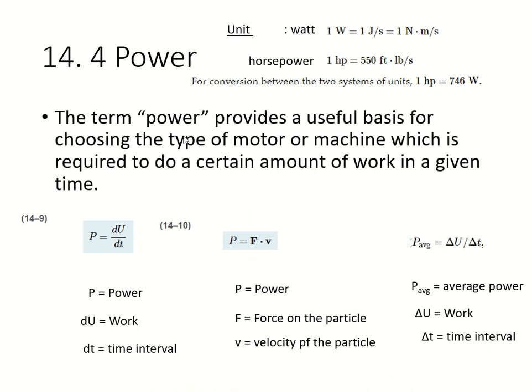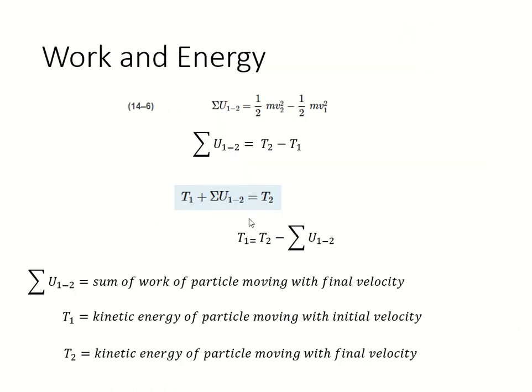For power, did I cover the unit for kinetic energy? For the unit of kinetic energy, we'll just go with the work unit, because it's the same thing. Your work is equal to the differences in the kinetic energy when they are moving with different velocity in the same situation.